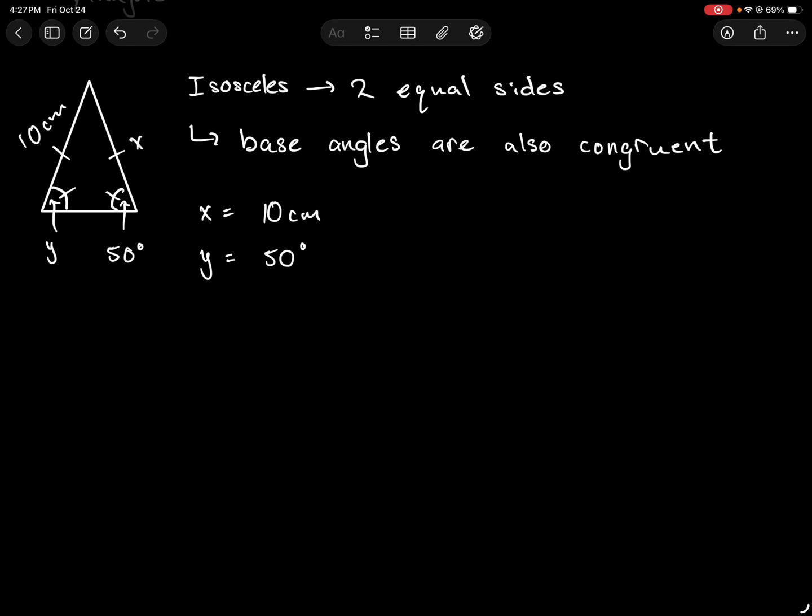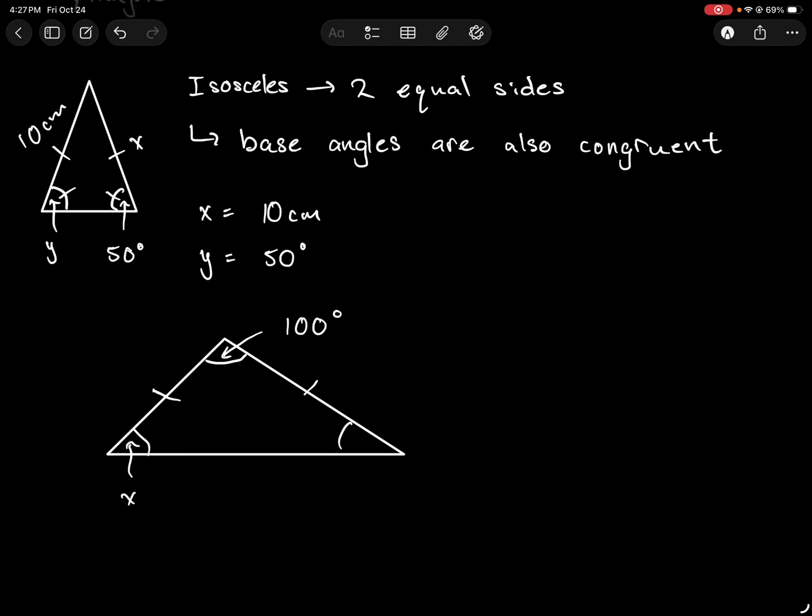And there is one more thing that we can do with this, and that would be by giving you an isosceles triangle where we give you the top angle instead of the base angle. So if I tell you this top angle is 100 degrees, then these two angles, x and y, would take our full triangle of 180 degrees.